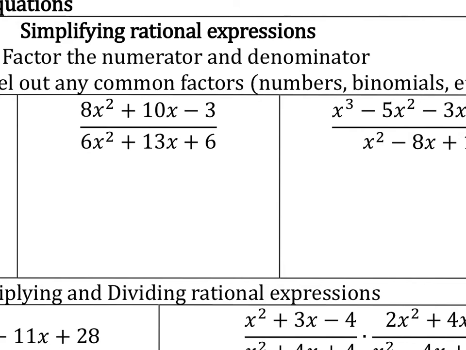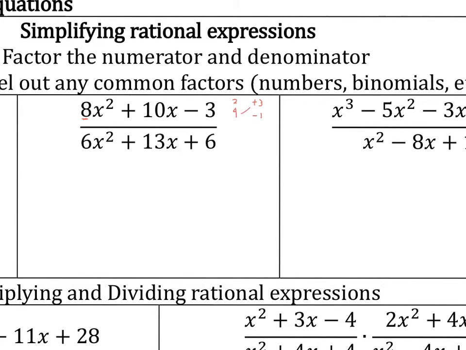For this next one here, we have trinomials in both the numerator and denominator, and we need to factor each of them. So for the top, I can use 2, 4. 2 times 4 is 8, and I can also use positive 3 and negative 1.